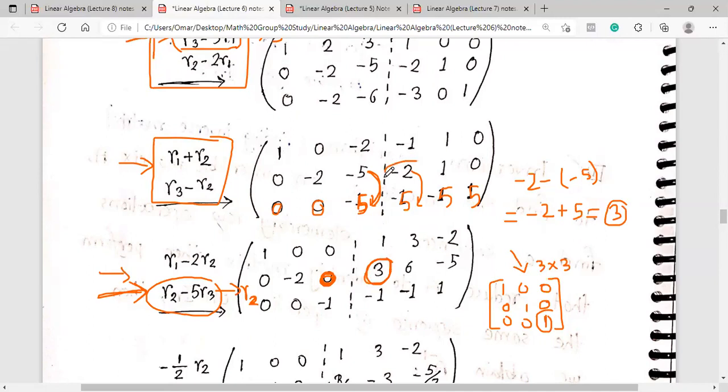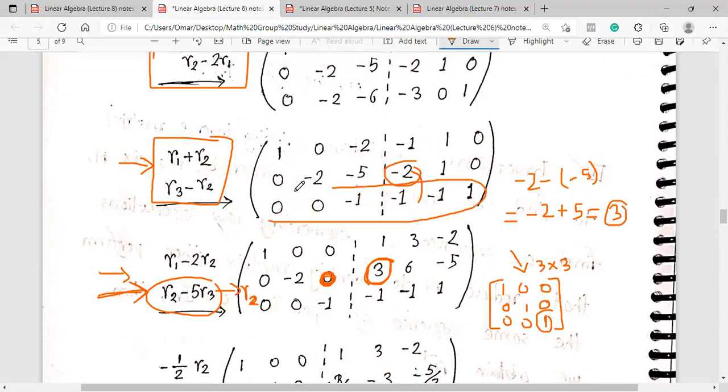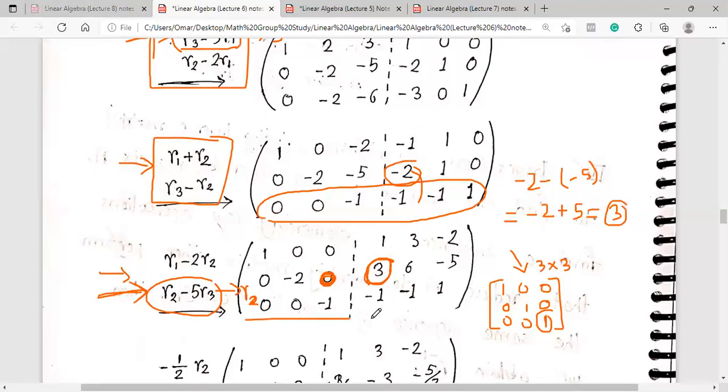Previously we had only -2, but now it becomes +3. But if you look very closely, the third row is remaining the same, because I didn't do any operation. I didn't substitute the value of the third row. You see here, I have written R2.